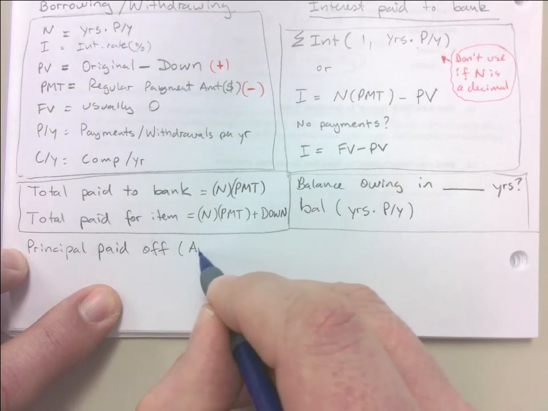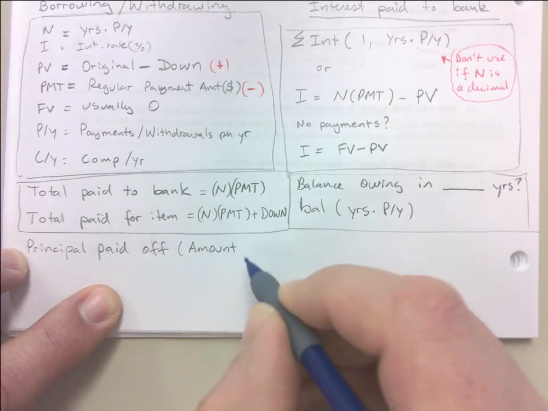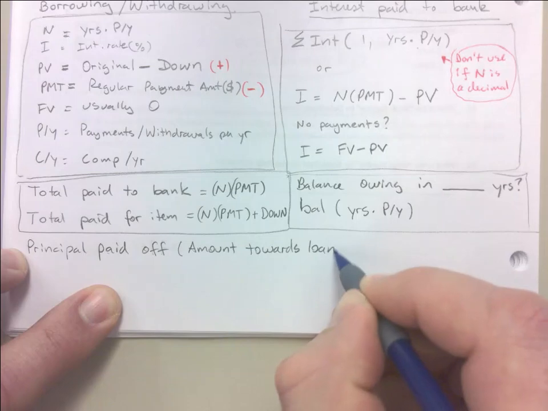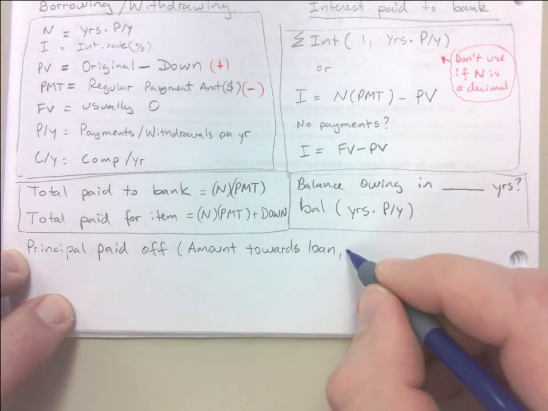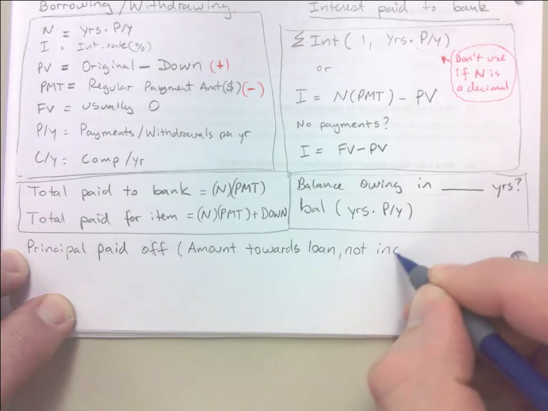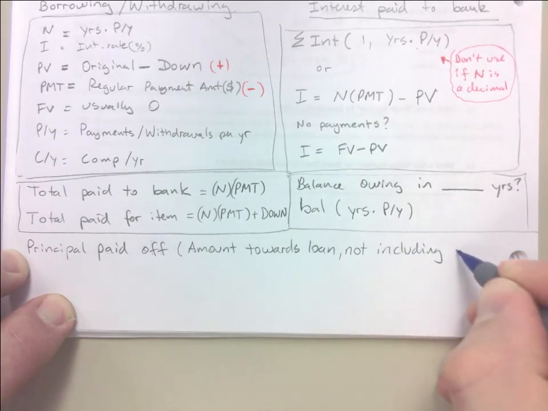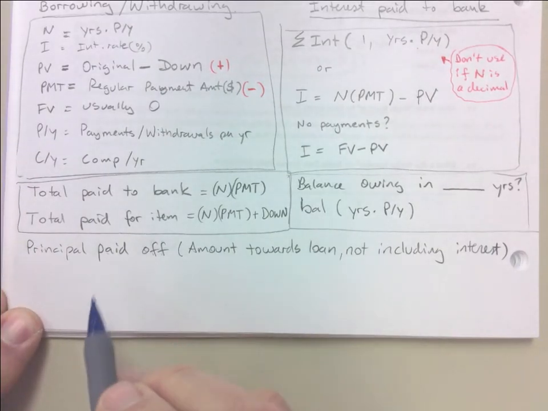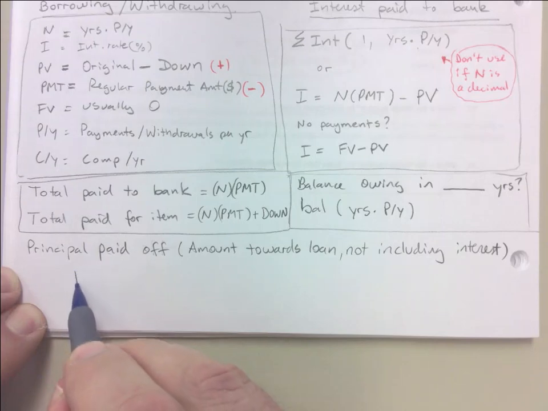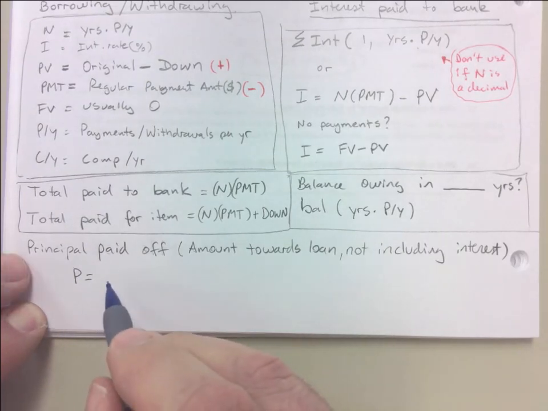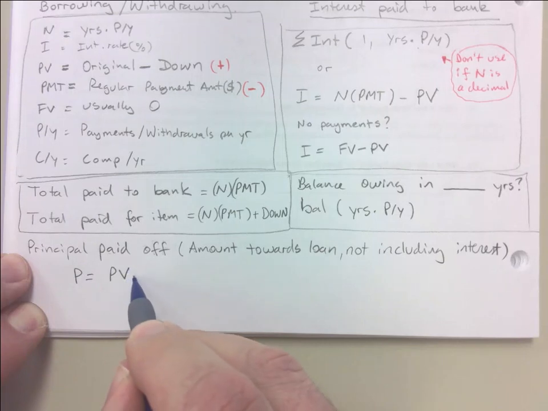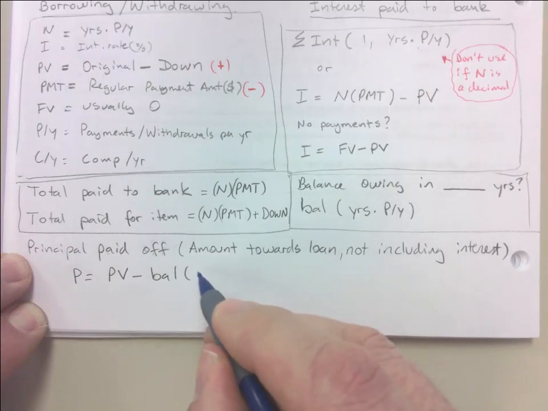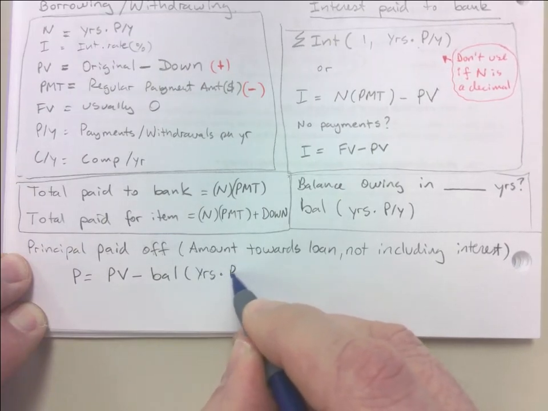This is the amount towards the loan, not including interest. So one way is just principal is like present value minus balance of years times PY.